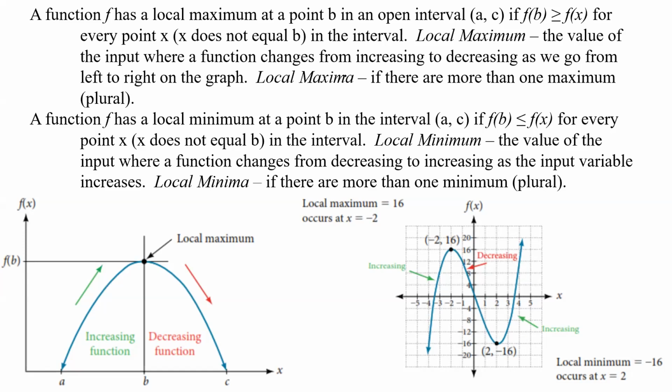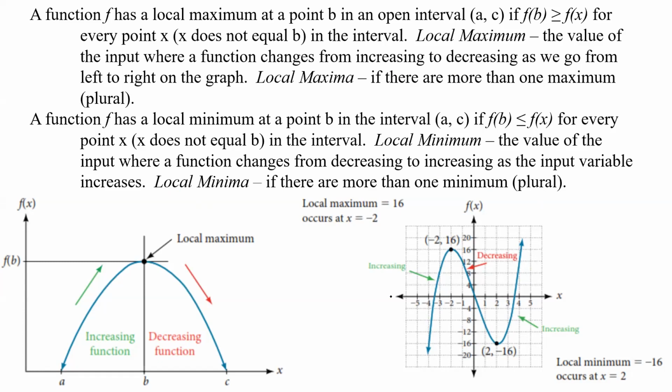And we also have things called local maxima if there's more than one maximum, which is just the plural, and we have local minima if there's more than one minimum, which is also the plural version. So if we look here, we have a local maximum here, and a local minimum here. The function is increasing, hits that local maximum, then it decreases, hits that local minimum, and then it starts increasing again, okay?